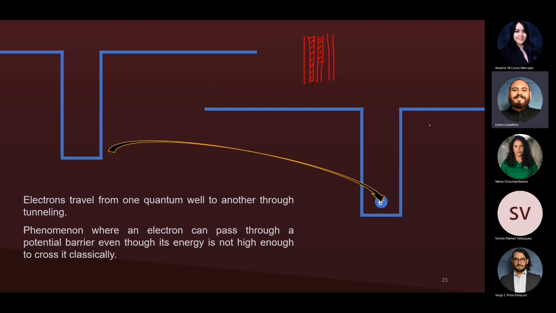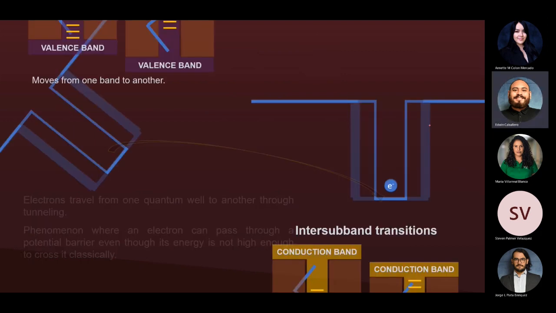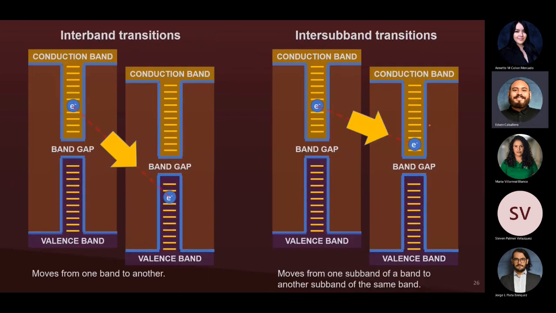And what's going to happen is that due to the phenomenon of quantum tunneling, where there's going to be at least some probability that the electron can pass through a barrier, you're going to generate the photon, the electron is going to move to the other part, and then it's going to, yet again, emit another photon, and then it's going to go back and do the quantum tunneling to the other quantum well. And if you do this enough times, you're going to get the effect of the quantum cascade laser.